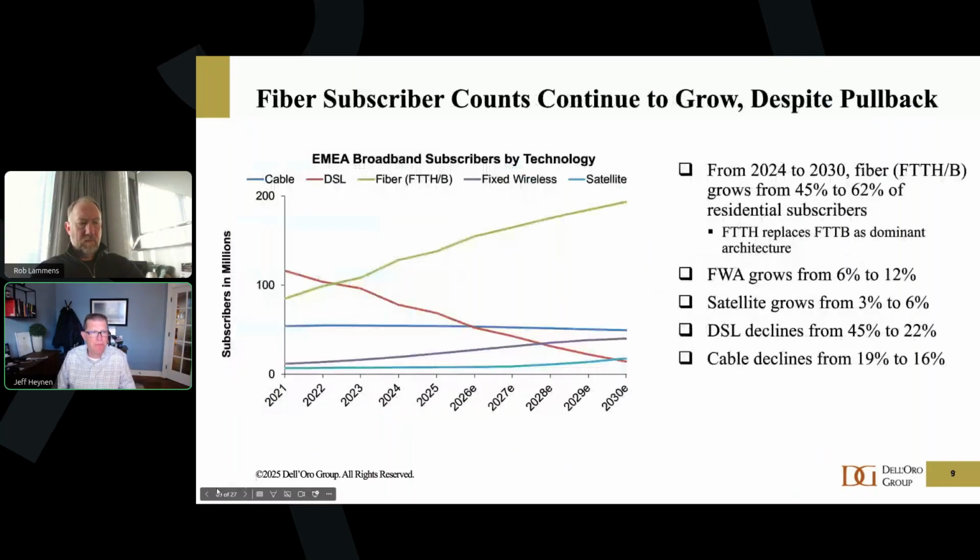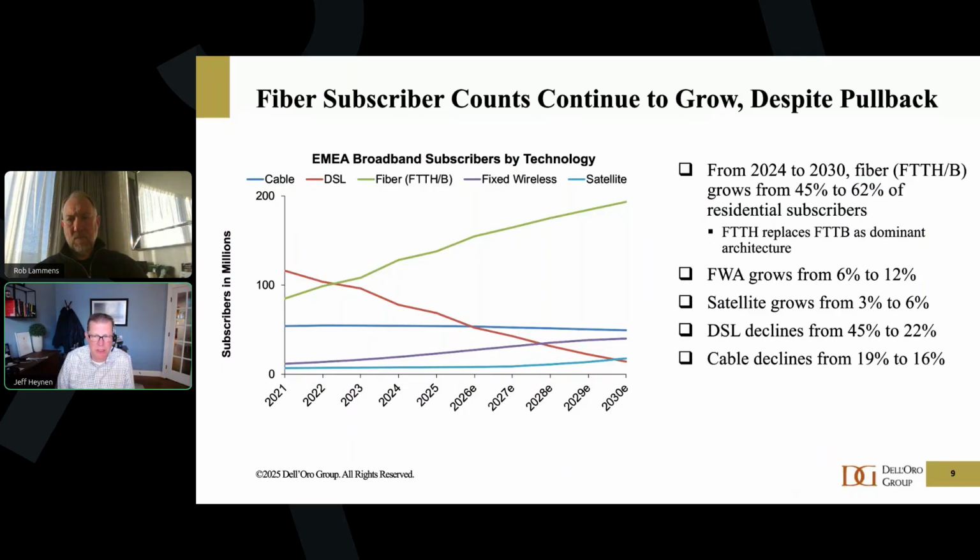So, our expectations, of course: we continue to see in the European market this transition to fiber, both fiber to the home and fiber to the building. Right now, the majority of fiber-based subscribers in the European market are still fiber to the building, owing to the large number of MDUs in a lot of countries. And the goal there, of course, is to ultimately cut them over to full fiber.